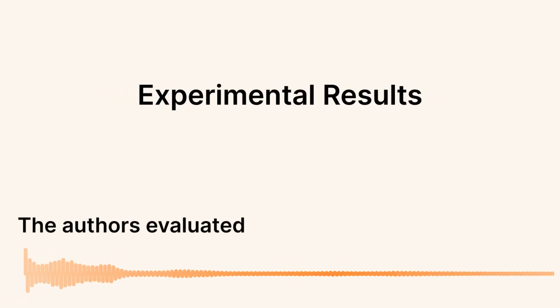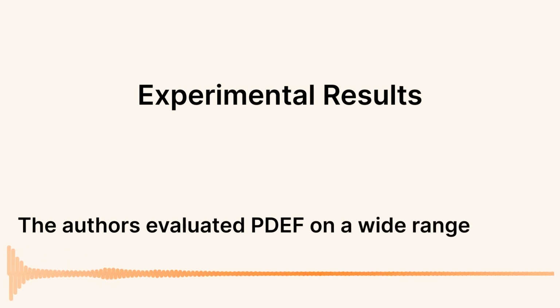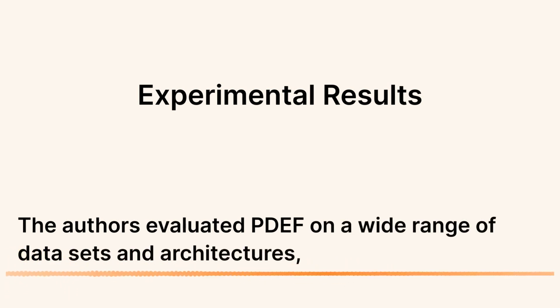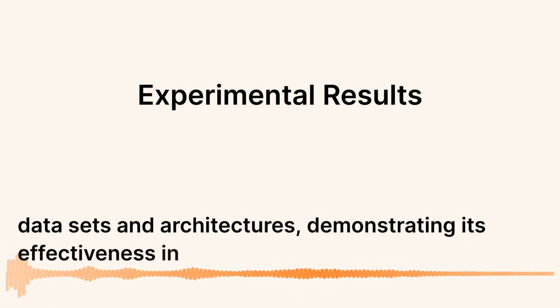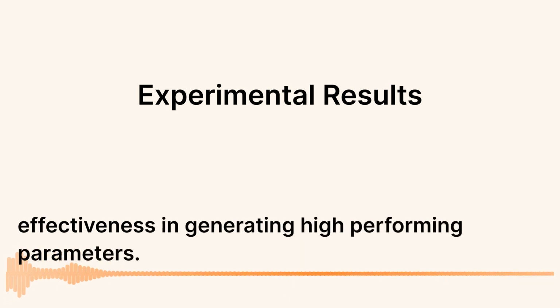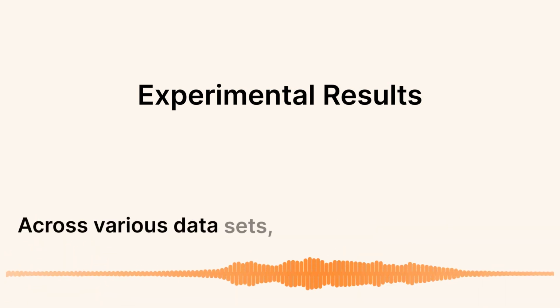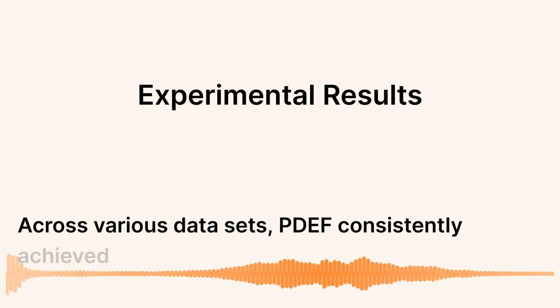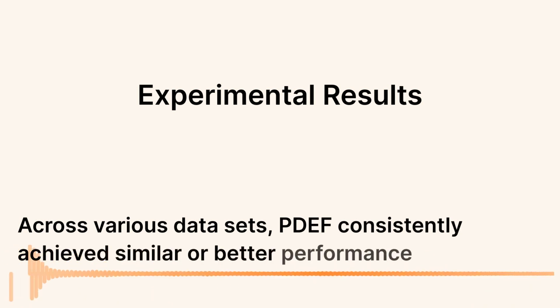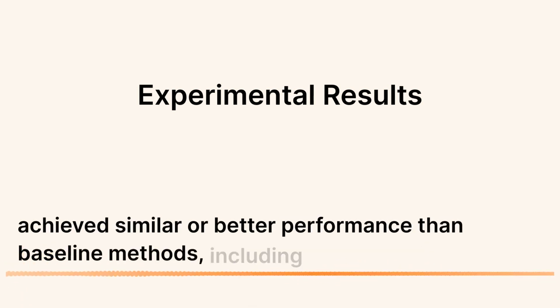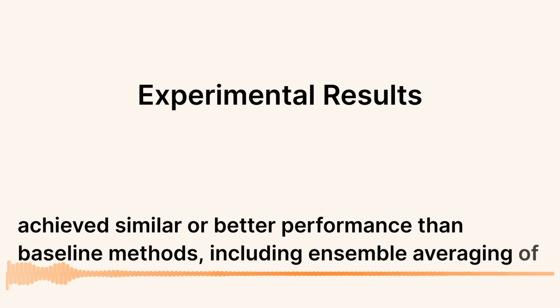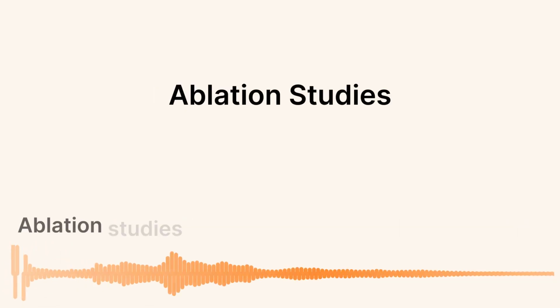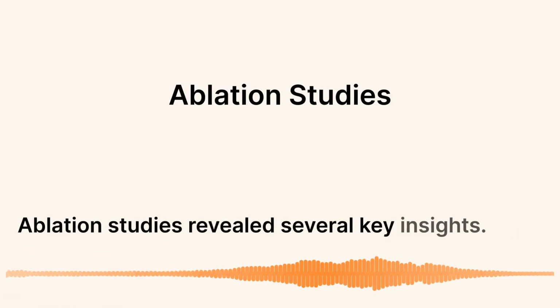The authors evaluated p-diff on a wide range of datasets and architectures, demonstrating its effectiveness in generating high-performing parameters. Across various datasets, p-diff consistently achieved similar or better performance than baseline methods, including ensemble averaging of original models. Ablation studies revealed several key insights.